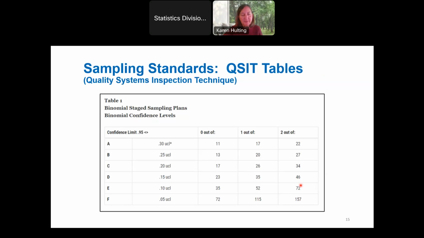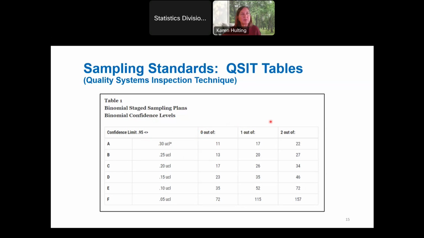Okay, another acceptance sampling plan that's very easy to find. It's on the FDA website. If you search for Quality Systems Inspection Technique, or QSIT, you will come up with a couple tables that look like this. These are attribute plans where the sample size is given in the table and the acceptance number is in the header.